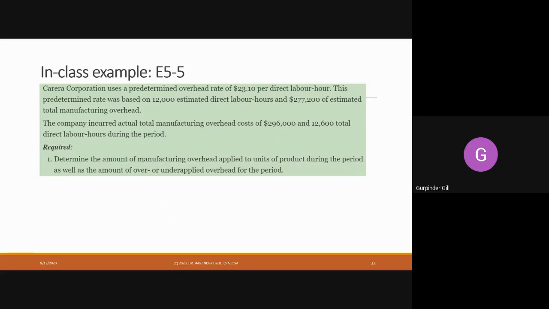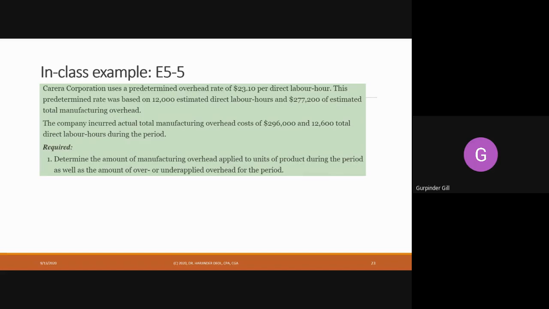Basically, it's the total cost of $227,200 divided by the estimated 12,000 direct labor hours in the year, which gives you a predetermined manufacturing overhead rate of $23.10. In this case, it's stated, but if it wasn't, then you had enough information to calculate the rate. The company incurred actual total manufacturing overhead cost of $296,000 and 12,600 total direct labor hours during the period.